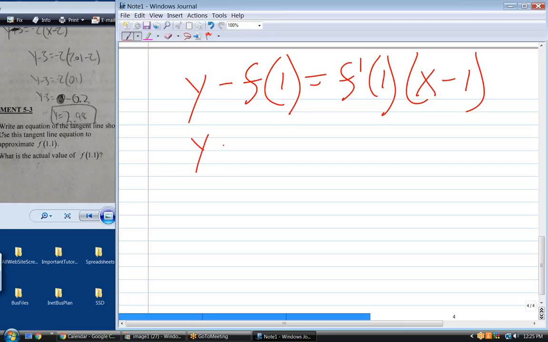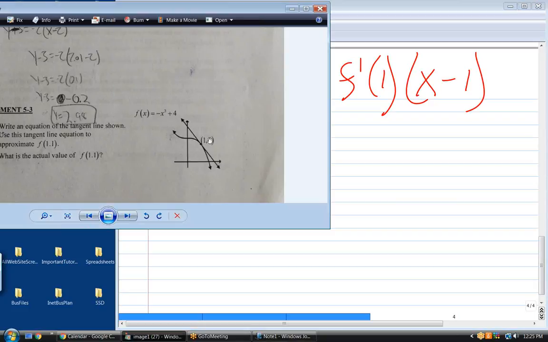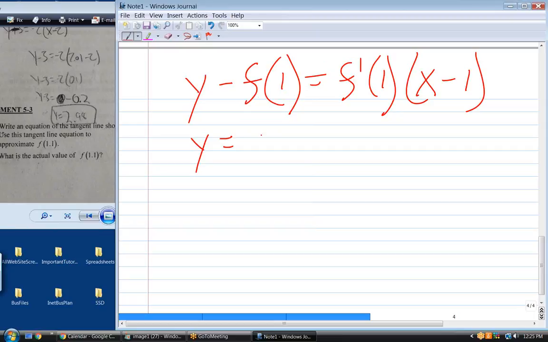Well, f of 1 is 3. You don't have to do any calculation for that. Equals f prime of 1, what do we come up with there? Negative 3.